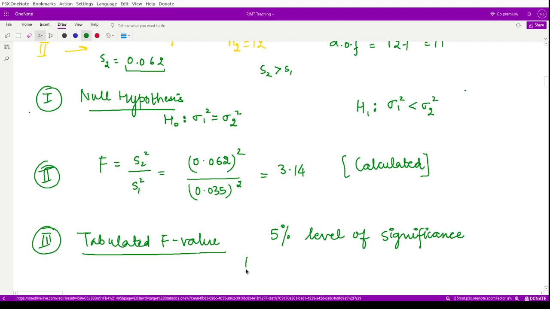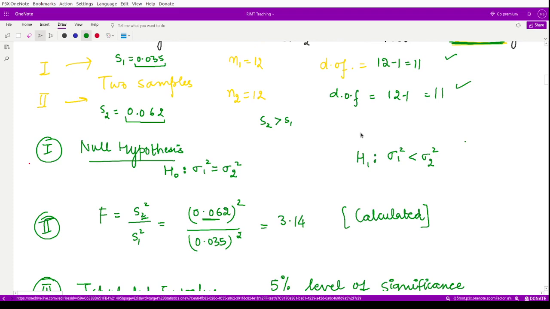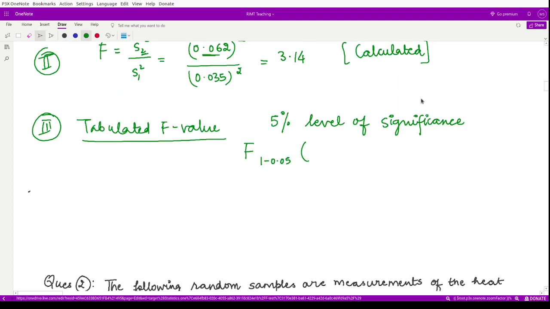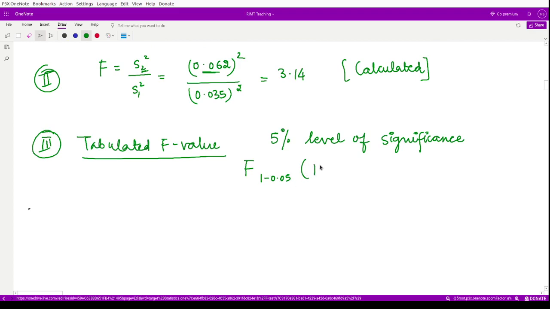You are required to calculate the value of F at 1 minus 0.05 level of significance. Firstly, we'll write the degree of freedom of the one which corresponds to the larger variance, and that corresponds to S2. So we write the degree of freedom of the second sample first, that is 11, and then for the first sample. In this case both of them are equal, so your numbers would just be 11 and 11.